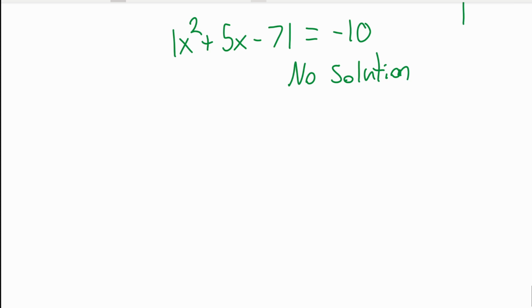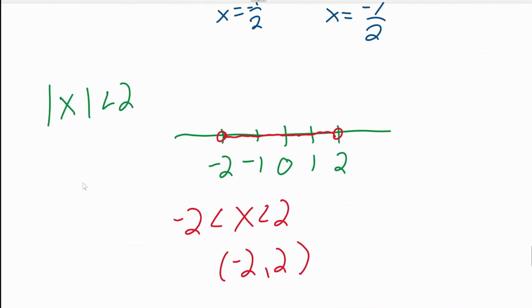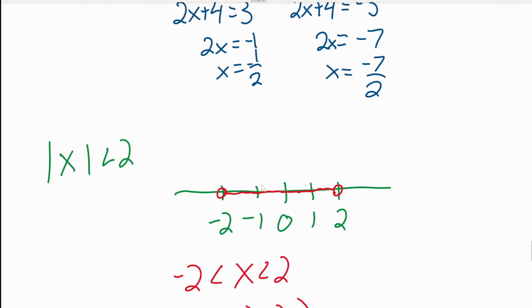Now, if we flip the inequality around, let's say, what about when the absolute value of x is greater than or equal to 2? Well, this is basically the opposite inequality of this. So we should have every other number on the chart here, right?